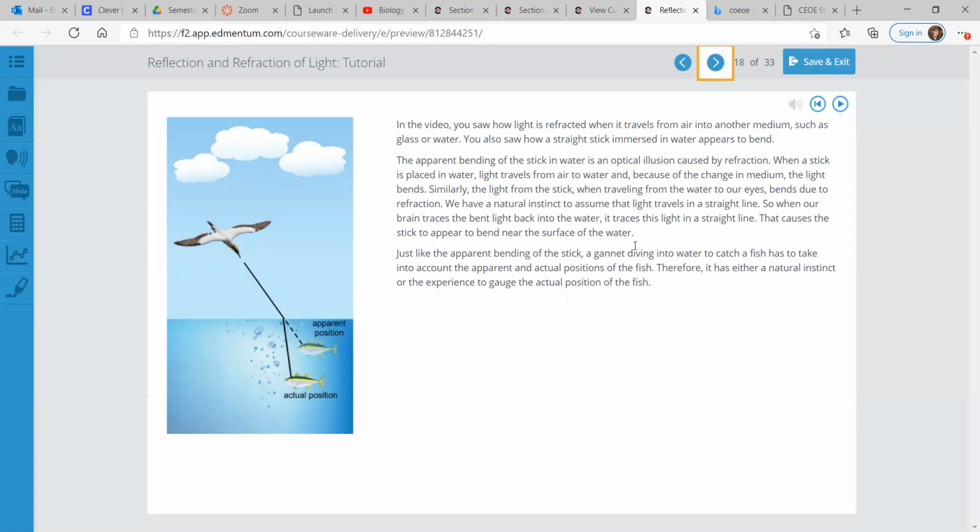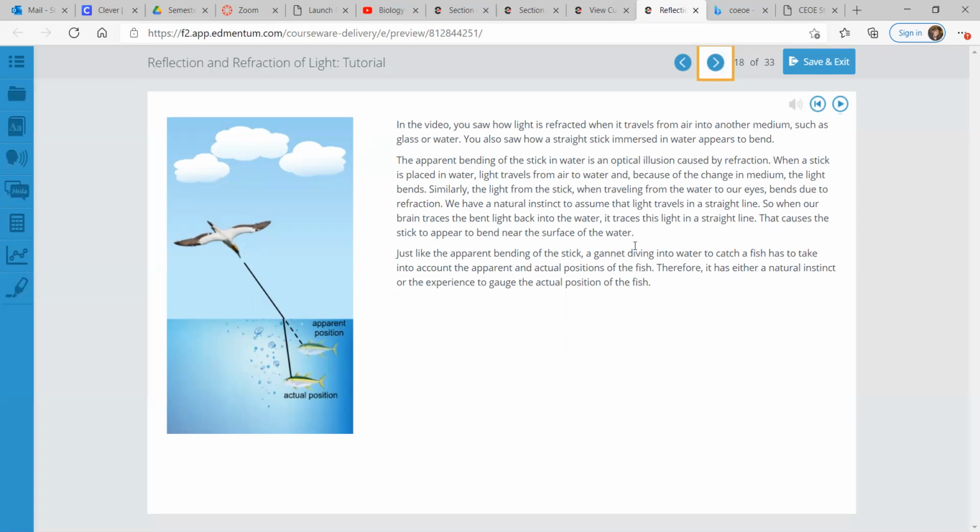Similarly, the light from the stick, when traveling from the water to our eyes, bends due to refraction. We have a natural instinct to assume that light travels in a straight line. So when our brain traces the bent light back into the water, it traces this light in a straight line. That causes the stick to appear to bend near the surface of the water.